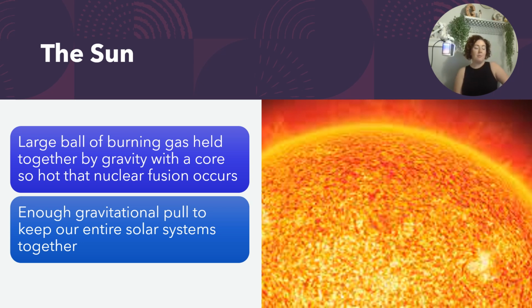Because it's so massive, its gravitational pull is what keeps the entire solar system held together in a neat little ball, essentially. So that is the sun. Its role is to provide us with energy. Its role is to keep us in our places. So that's the sun.